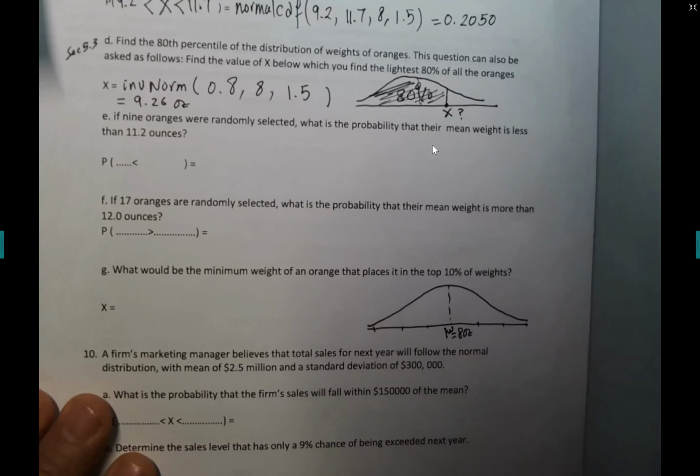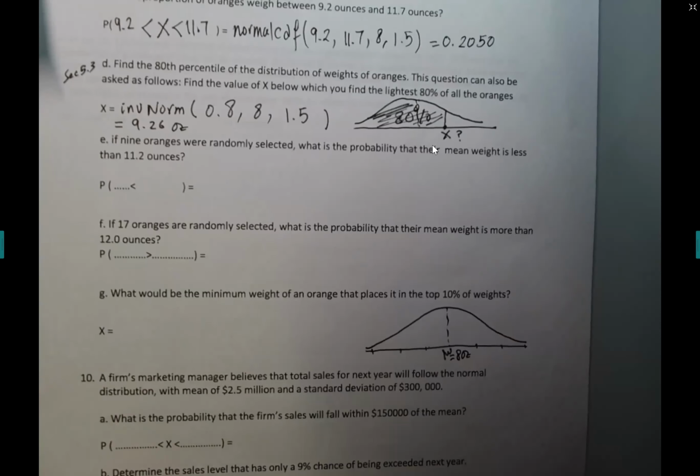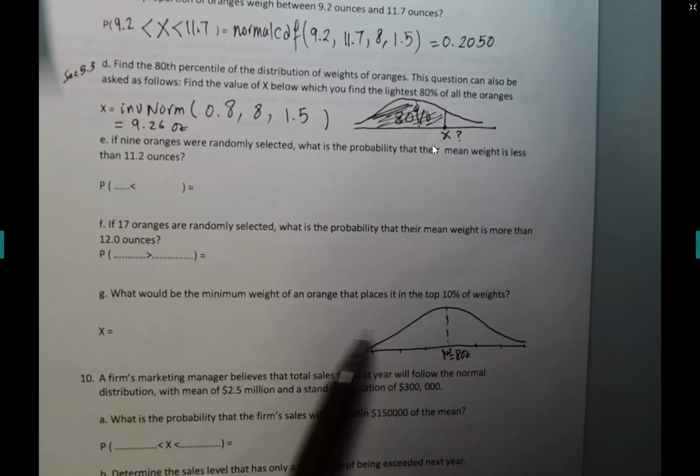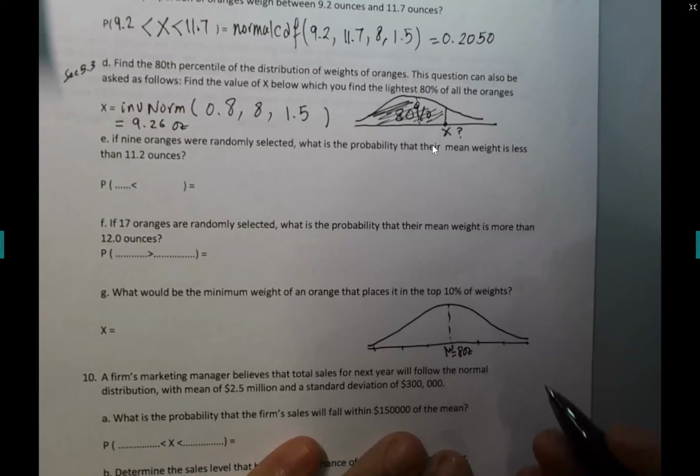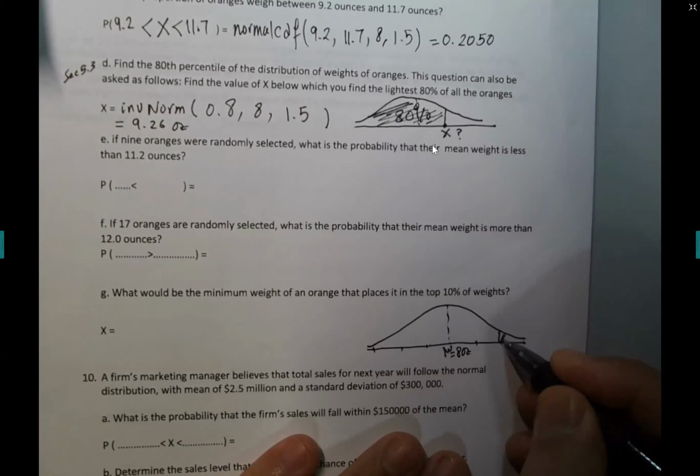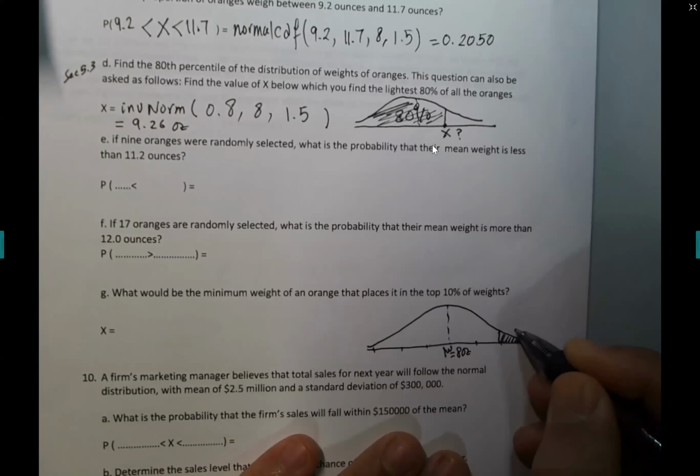Here's my question to you guys. Where would a top 10% of weight be? To the right of the mean or to the left of the mean? To the right. That's a top 10%. So you shade an area which is 10% here.